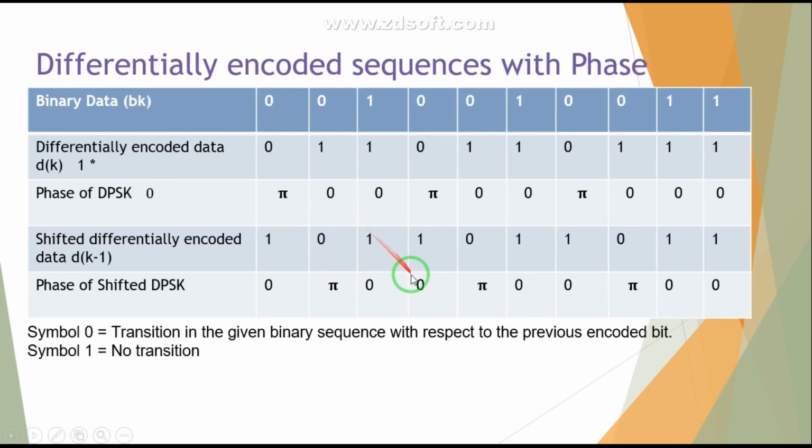Similarly, this 0 has come over here, this pi came over here, 0, 0, pi, 0, and this 0, and this 0 we have taken over here. So what is this row? The 5th row is going to tell you the shifted version of the phase of this DPSK.